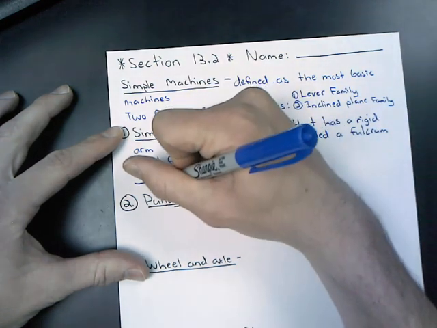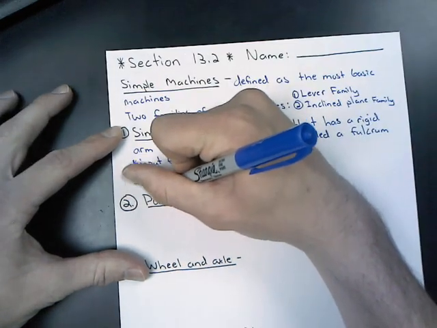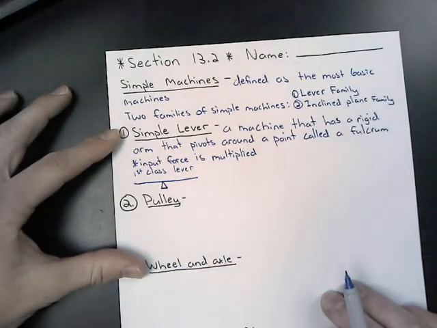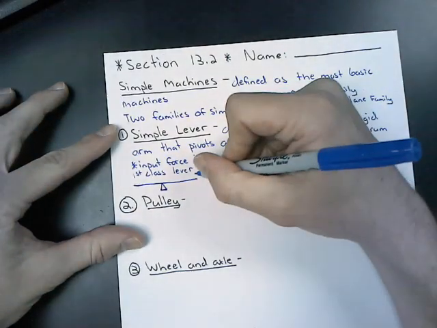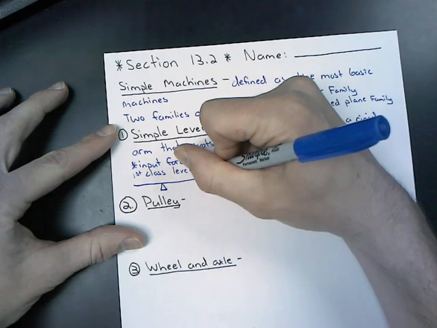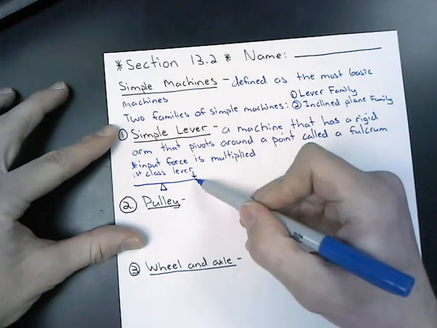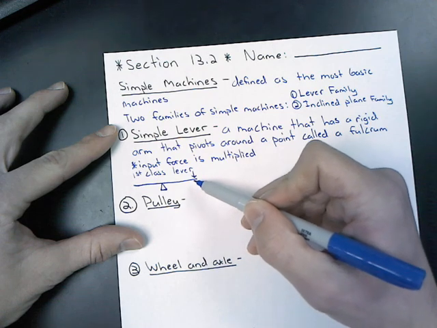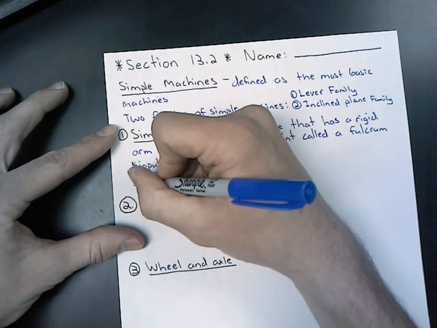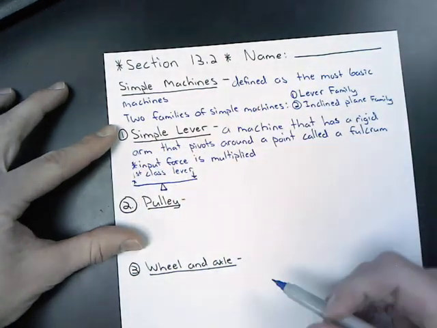And then this triangle is going to represent the fulcrum. And so what happens here is that the input force, if it's inserted right here where I have my pen, the output force is going to be felt on that opposite side.